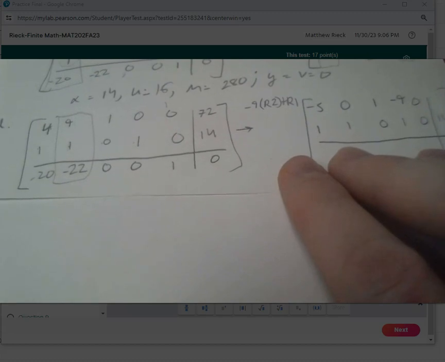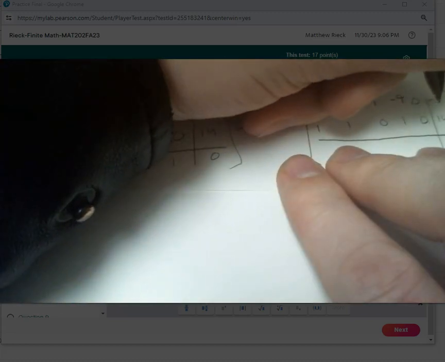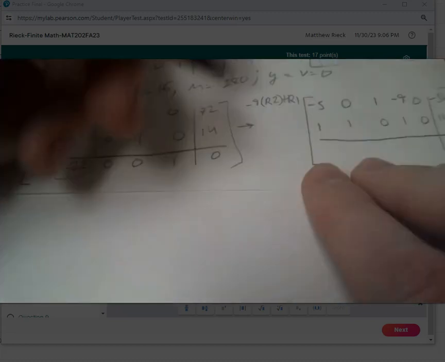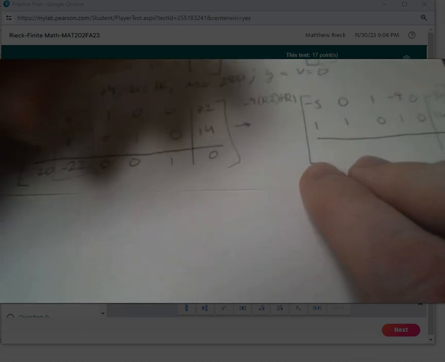All right, that's -126, plus 72, which is -54 there. And finally, we want to get a 0 here.